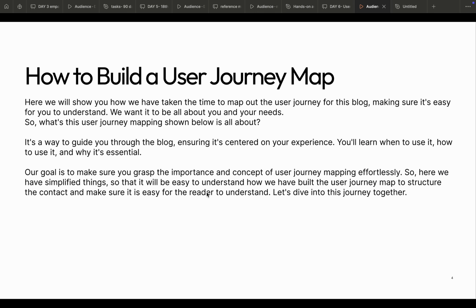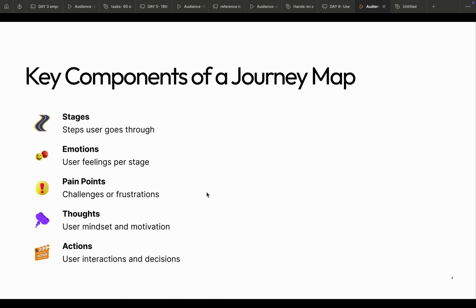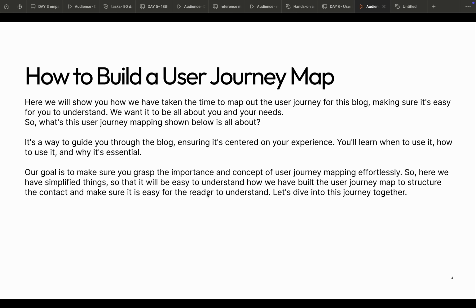So how can we build a user journey map? In order to build the user journey map, let's see what makes it easy to build one.